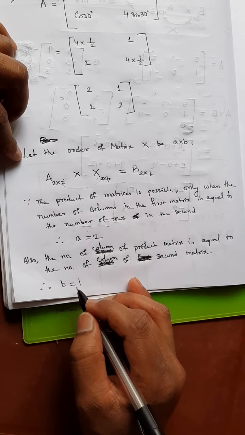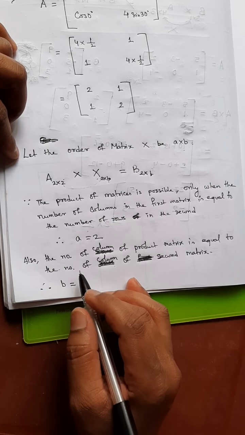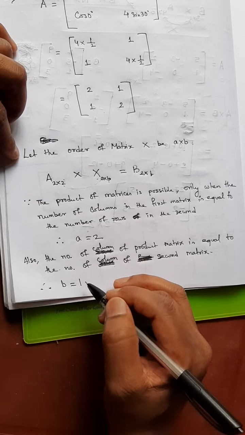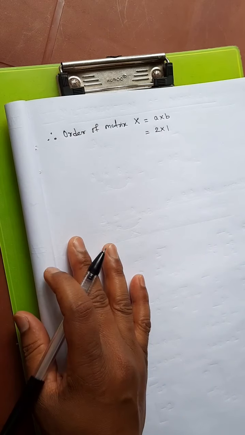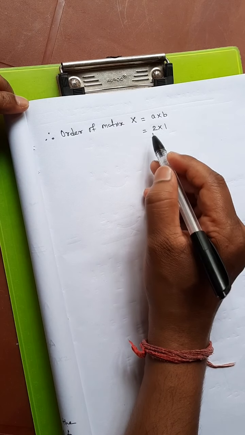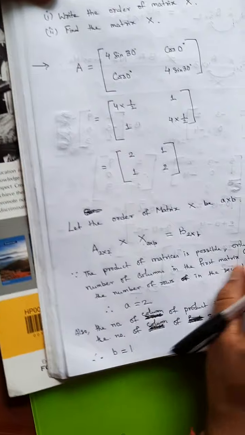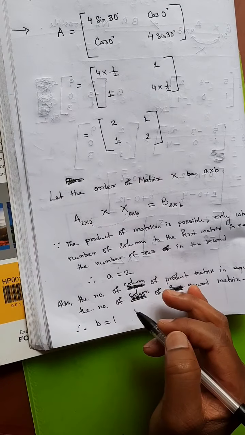Hence the order of matrix X is A into B, which is 2 into 1, since we got A as 2 and B as 1.